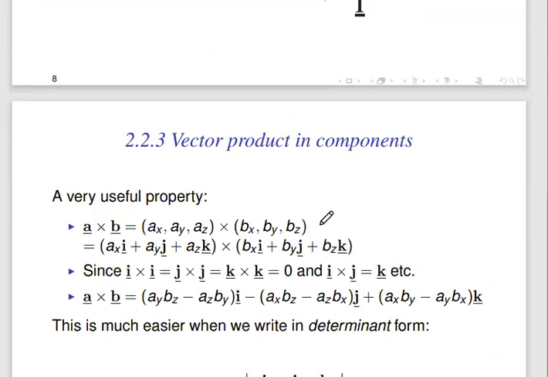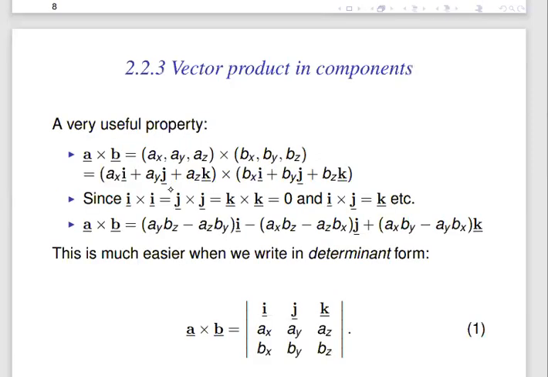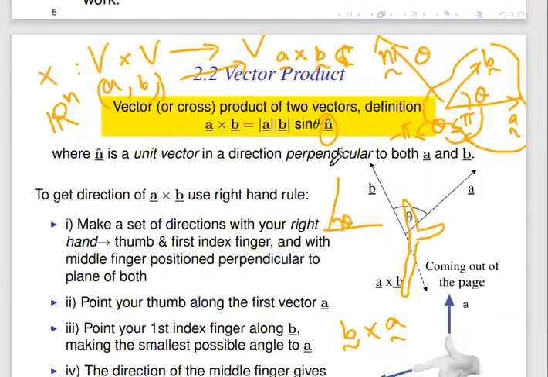If it is three-dimensional, A cross B is equal to the determinant of this matrix. The determinant definition is only for three dimensions, but the earlier definition is true for any dimensions.